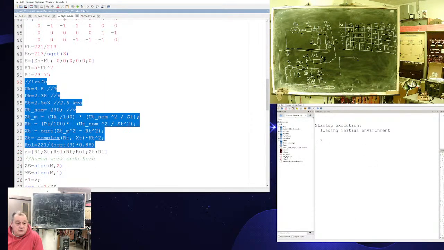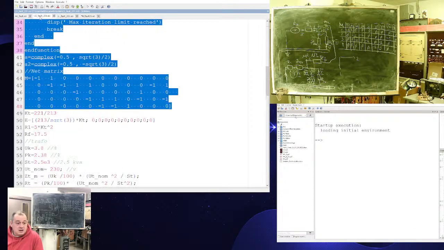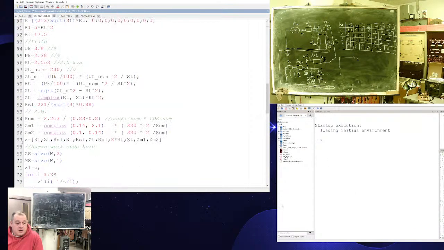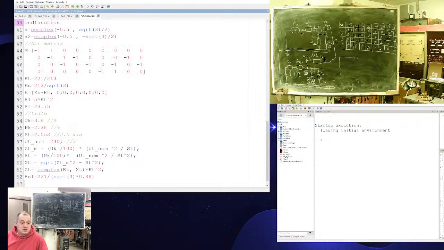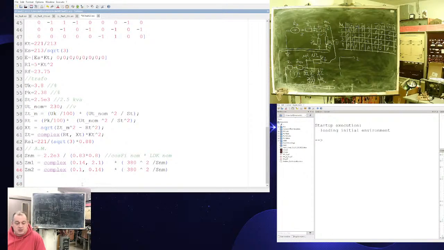Next one, I will need data for my asynchronous machine. Here is, we calculated it previously. I will just reuse. I need two resistances. One is a direct sequence. It's a bit tricky. This 2.1 is no load resistance because I have no mechanical load in my machine.